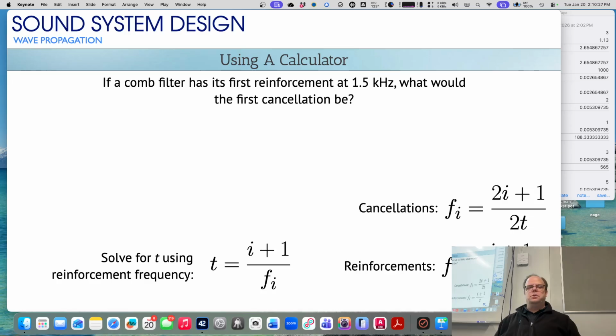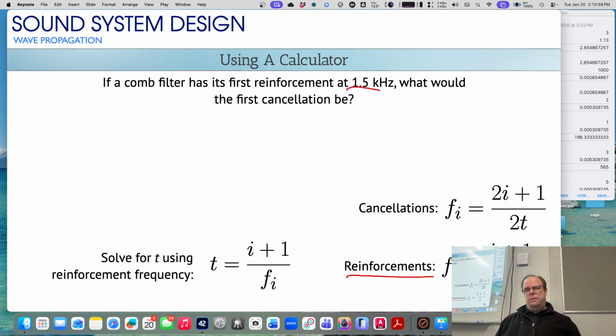We have this observable reinforcement at 1.5 kilohertz, and we want to find out what the cancellation would be right next to that. To figure this out, we first have to take the reinforcement equation and solve it for t, because we have to find the time value that resulted in that 1.5 kilohertz reinforcement.